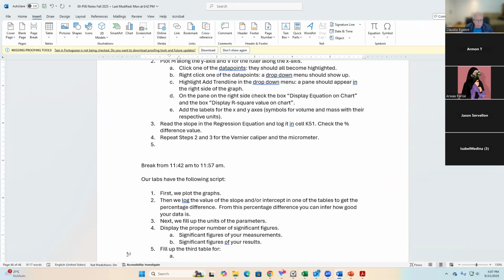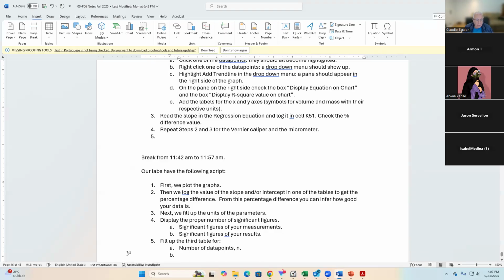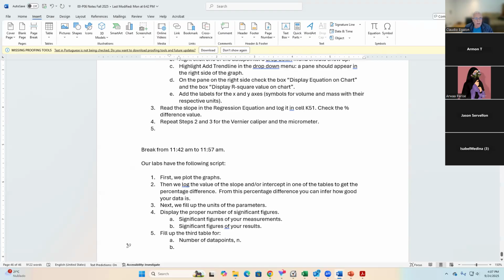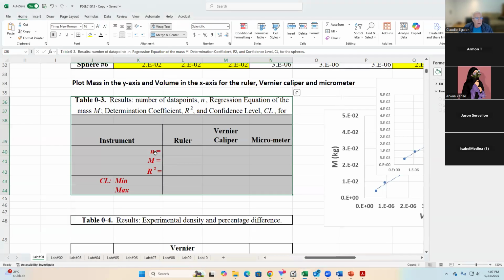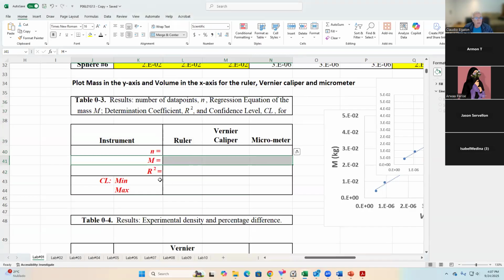A, the number of data points, N. B, the regression equation. See that? The M stands for the mass. So I want you to type the regression equation here, here, and here, right? For the ruler, for the vernier caliper, and for the micrometer.